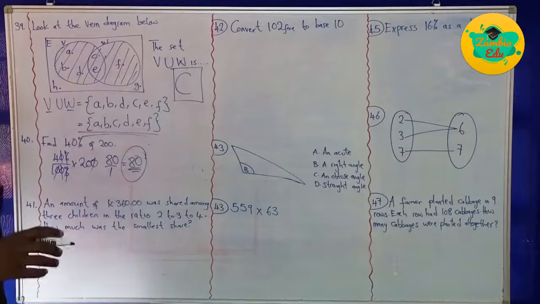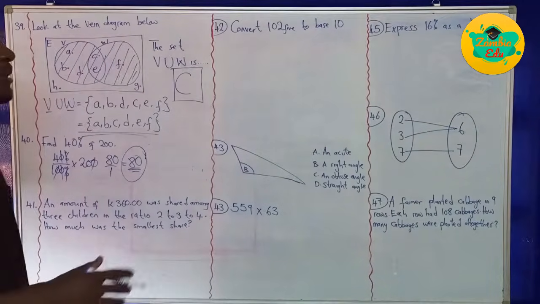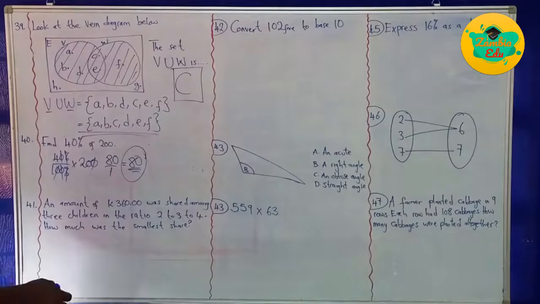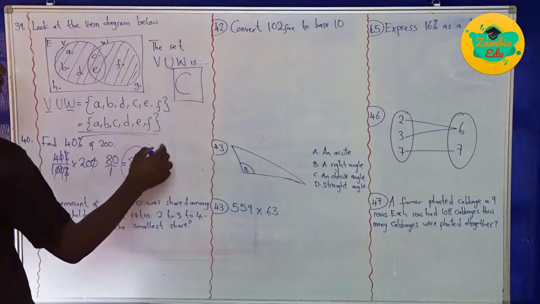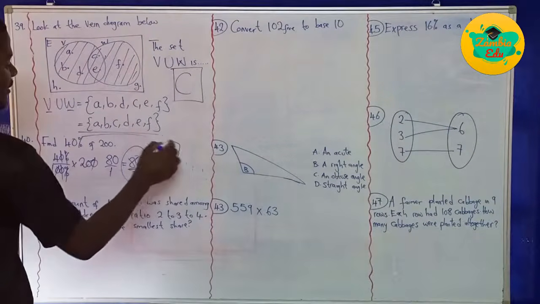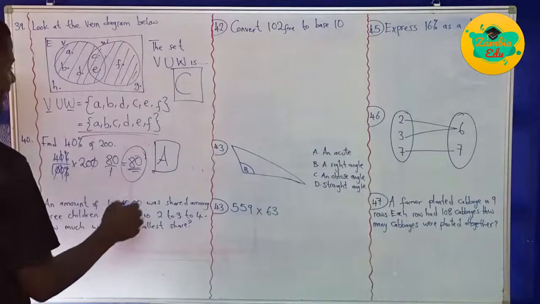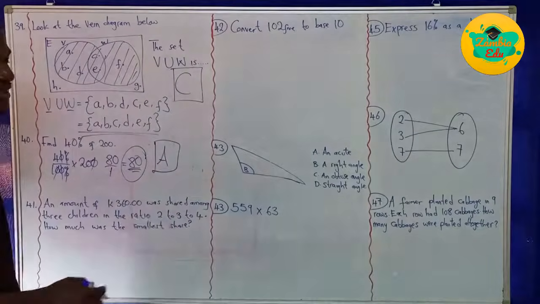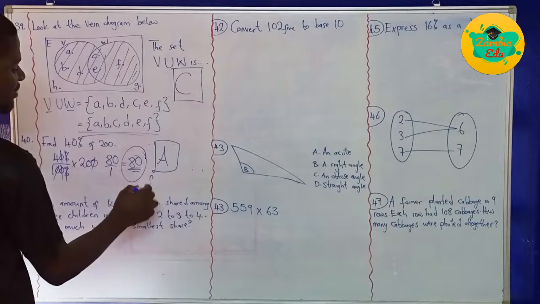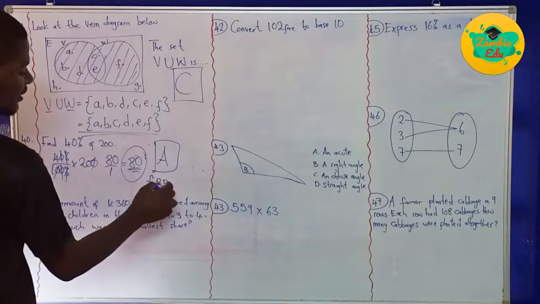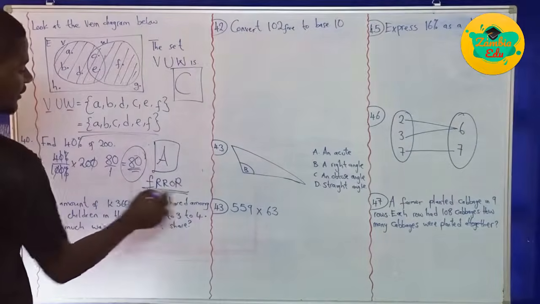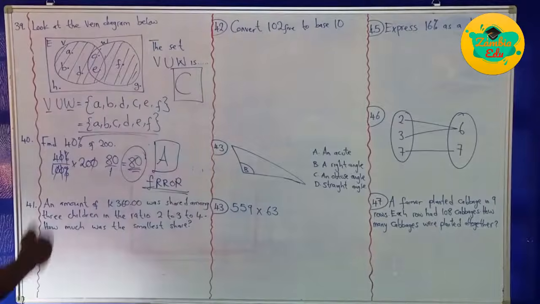However, if it is for us to be able to choose an answer among the answers which have been provided, we would go for option A, which talked about 90 because it's closest to the answer. However, we just believe that it is an error preferably. But that's how you are supposed to solve it. That's the correct answer.